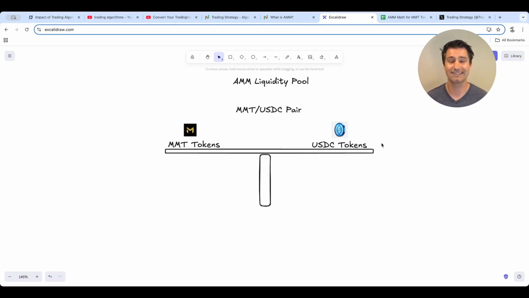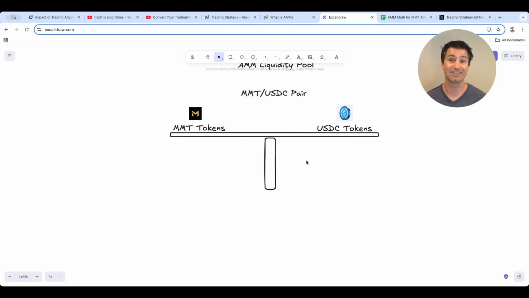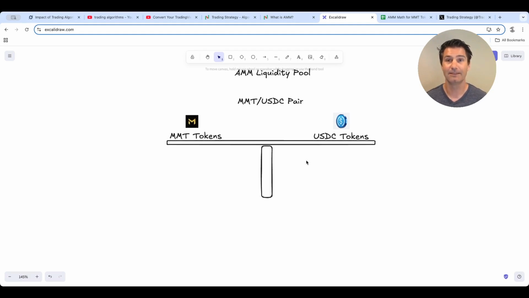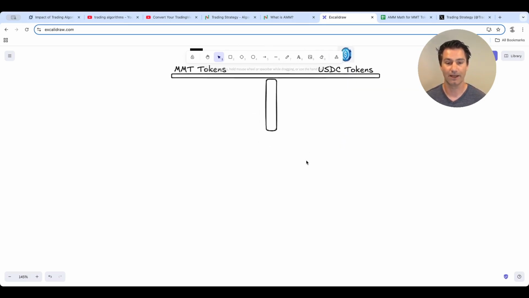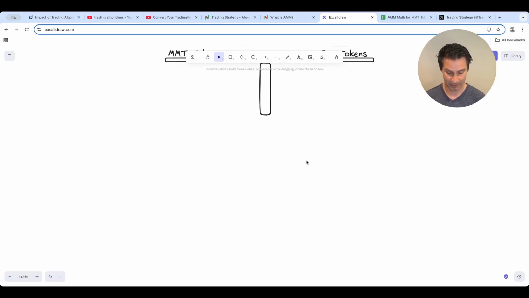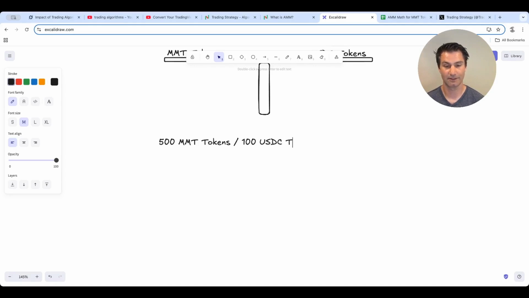Okay, so that's essentially what's going to happen. When you create the liquidity pool, you are going to specify some ratio that you think it's worth to start. And this is called the initial ratio. And so when we see this play out here, let's say we have 500 MMT tokens, and that's going to be 100 USDC tokens.